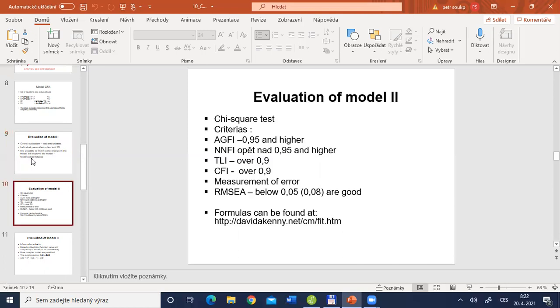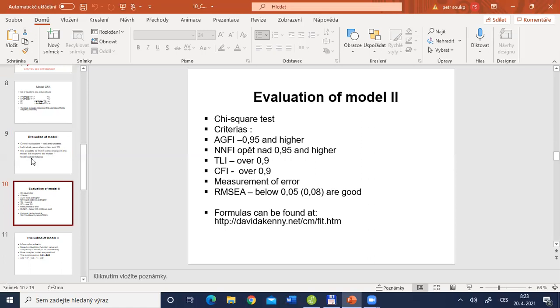I would also like to remind you that we are using criteria such as AGFI, NNFI, etc., but mostly we are using TLI and CFI, with values over 0.9 as a sign of quality.